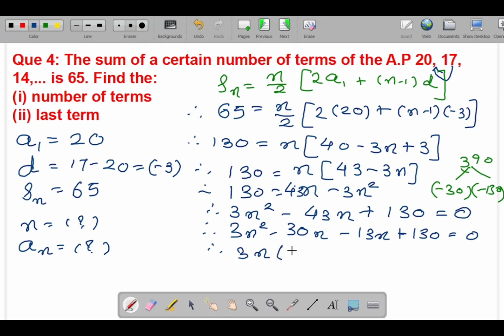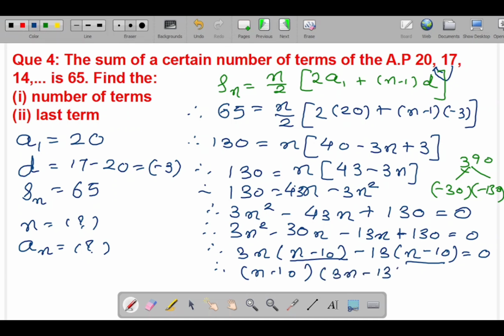So in the bracket you will have n minus 10, minus, again you take 13 common, you will have n minus 10. Now look here, because there is minus sign before the bracket, this sign will change. You have already learned this concept in your 8th and 9th standard. Please utilize it. Again n minus 10 common from this, n minus 10 into 3n minus 13 equals to 0.